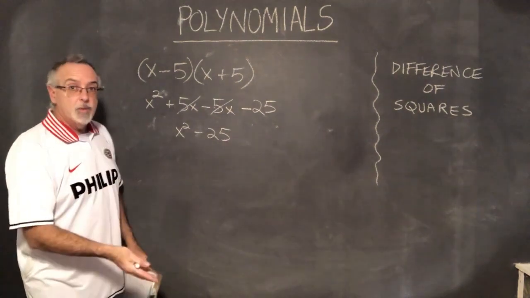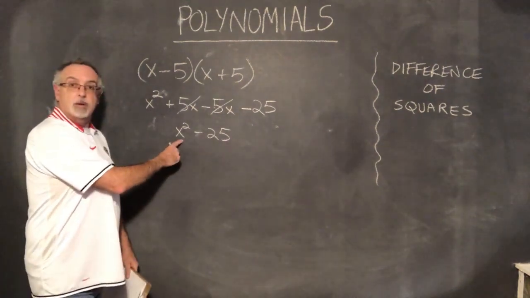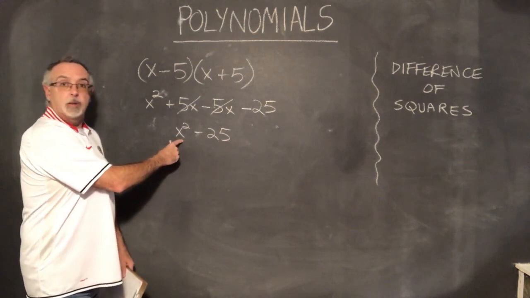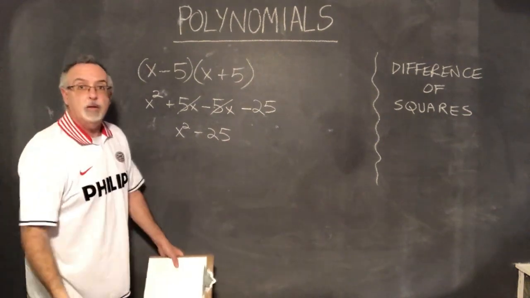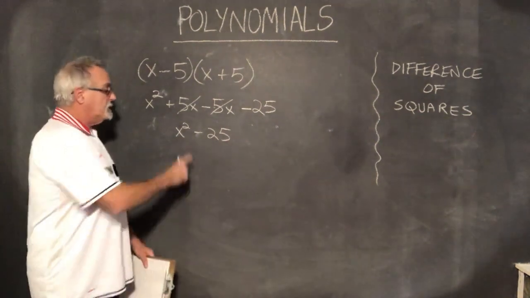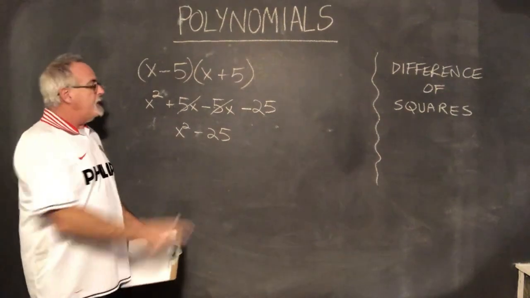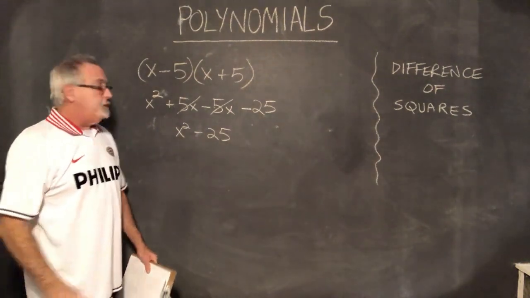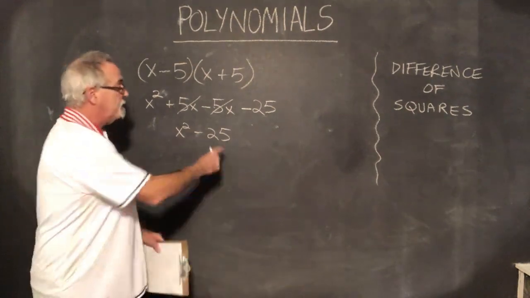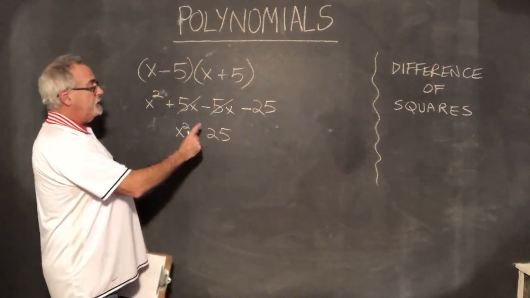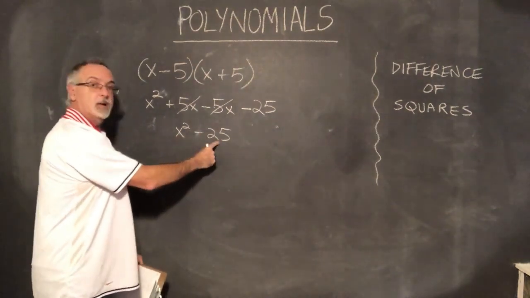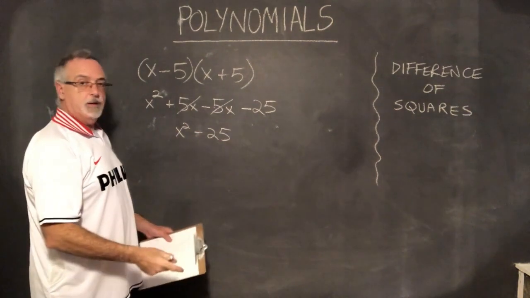So that's another square. Well, x squared is a square because it's something you get when you multiply something by itself. When you multiply x by itself, that's x times x, that's x squared. X squared is a square. And 25 is also a square because when you multiply 5 by 5, you get 25. It's a square. So we have a difference of squares, and that is a factoring method.